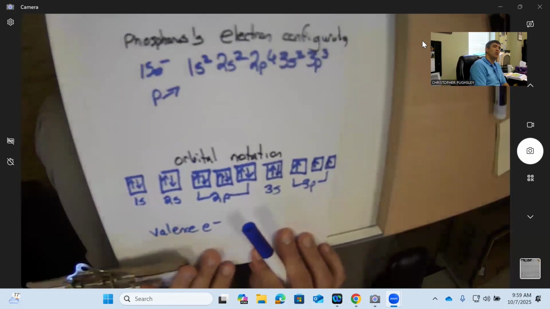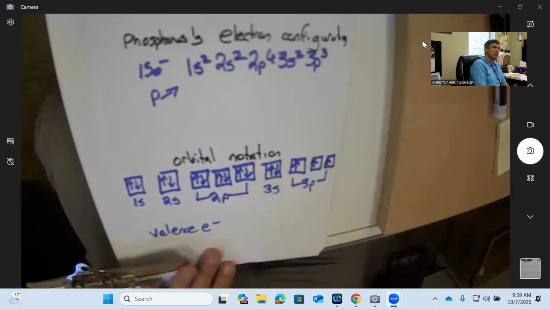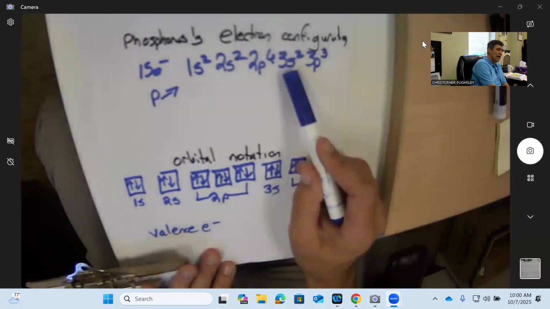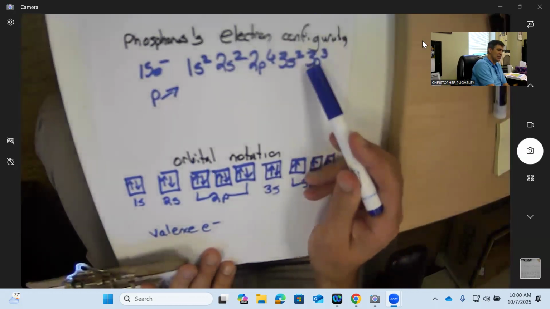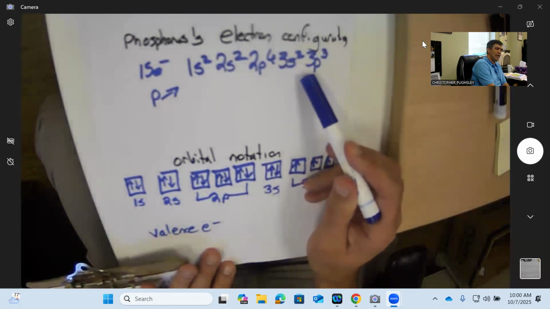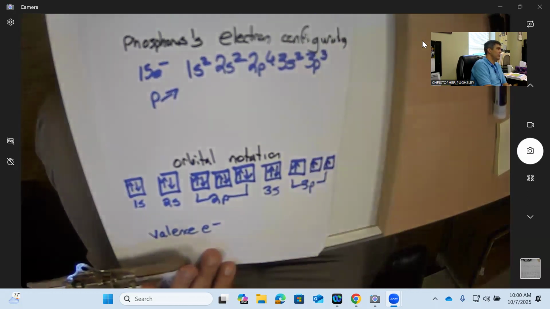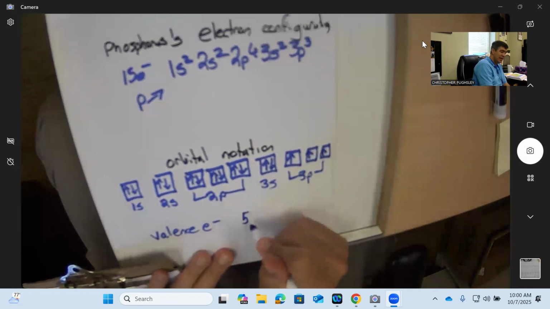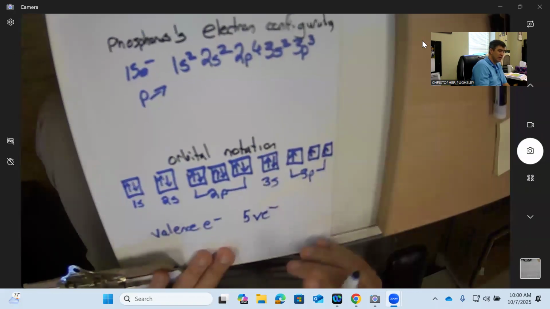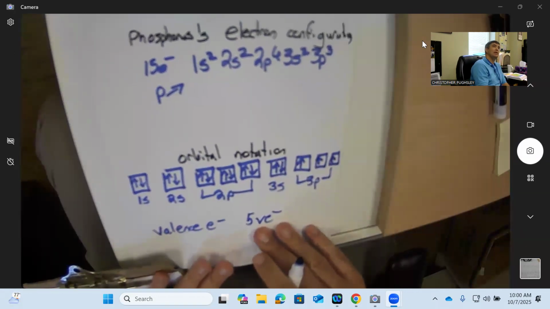The highest energy level is typically the one with the highest number, so the highest energy level here is 3. How many total electrons are in this third energy level? 5 electrons. So this has 5 valence electrons. That's how we got that right here.